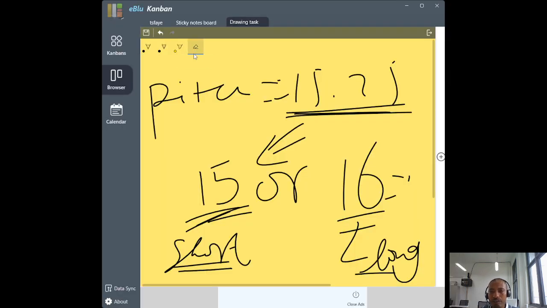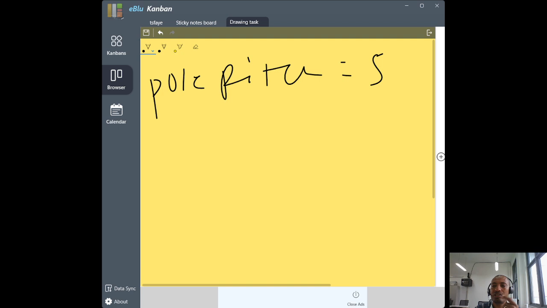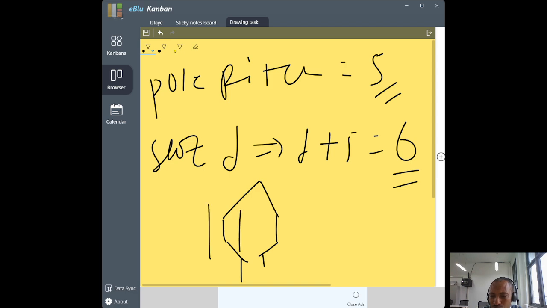For example, if my pole pitch, which is slots divided by poles, is 5, and I place my first coil side in slot number 1, then the next coil side is going to be placed in 1 plus 5, which is slot number 6.